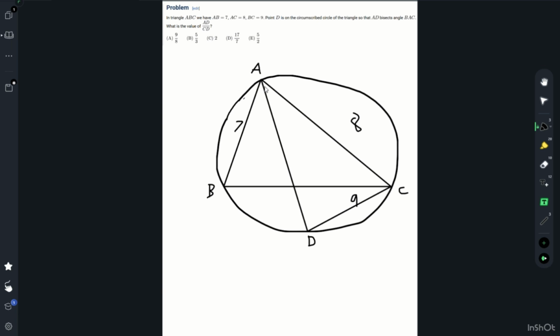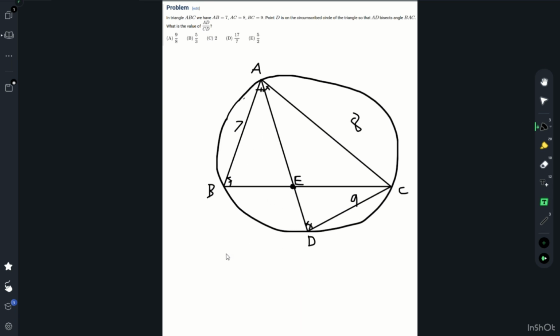So we can put over here this point as E. This angle is going to be congruent with that one, because we bisected that. This angle over here will be equivalent to this angle over here because of the arc over here.